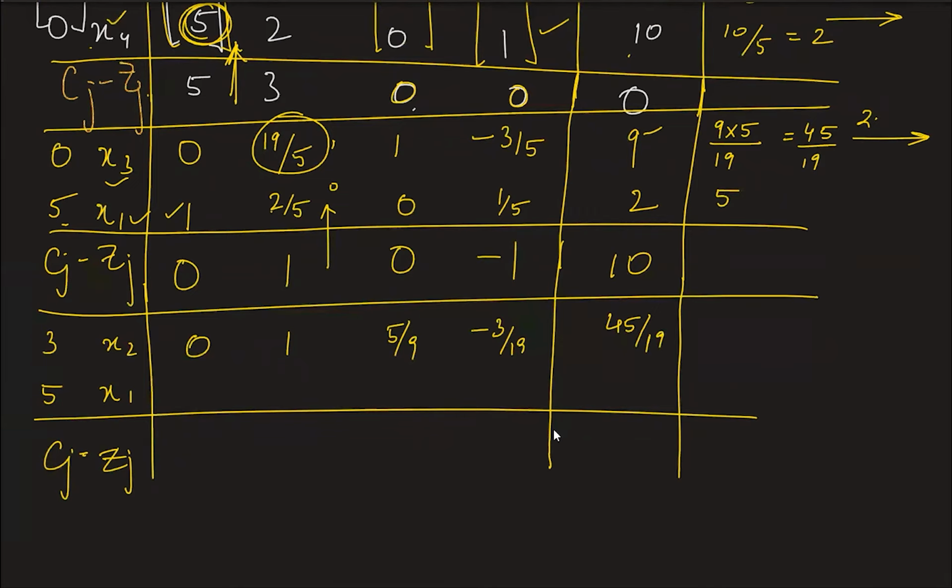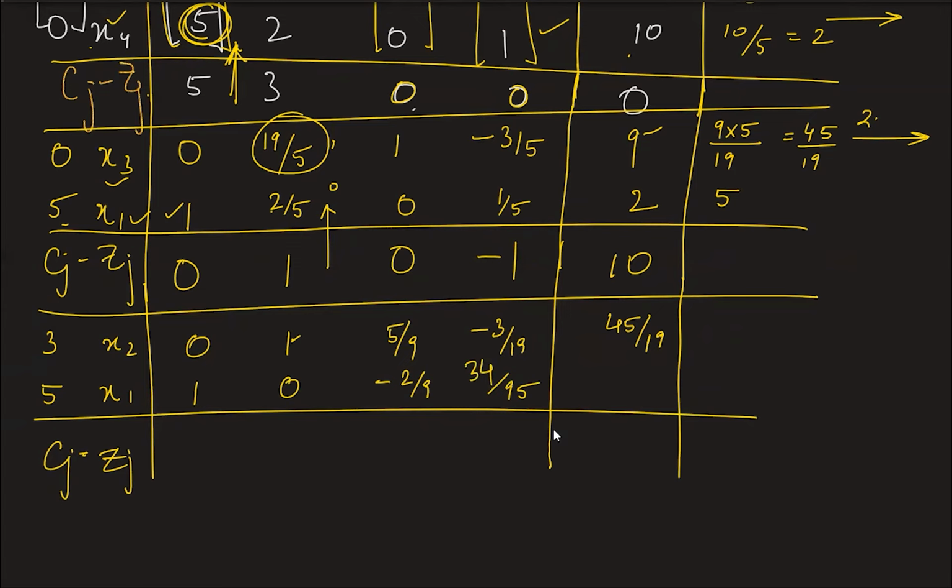Similarly, we have to get a 0 here. So 2 by 5 minus 2/5 of this row will make it a 0 here. 1 minus 2/5 times 0 is 1. 0 minus 2 by 5 times 5 by 19 is minus 2 by 19. 1 by 5 minus, minus will become plus, 1 by 5 plus 2 by 5 times 3 by 19. That should be 34 by 95.